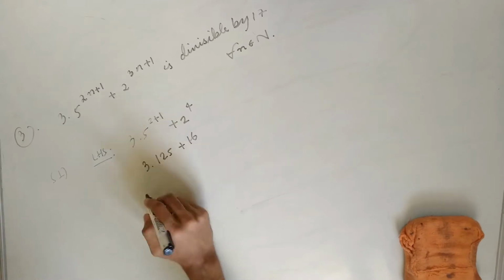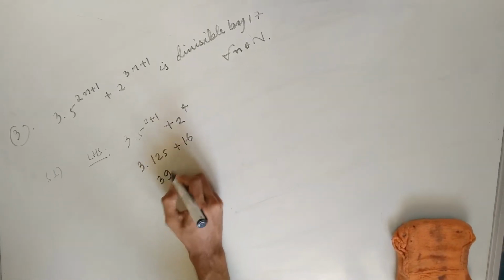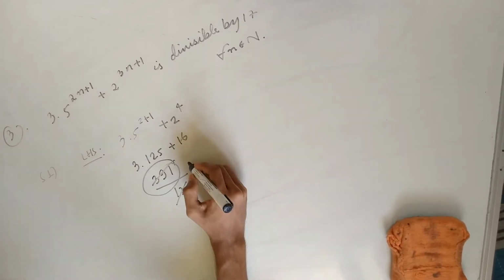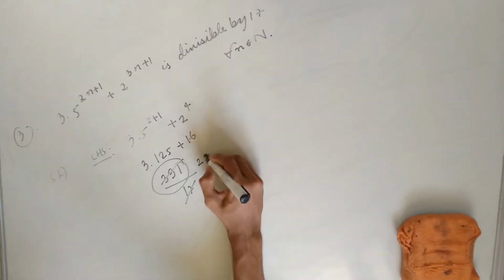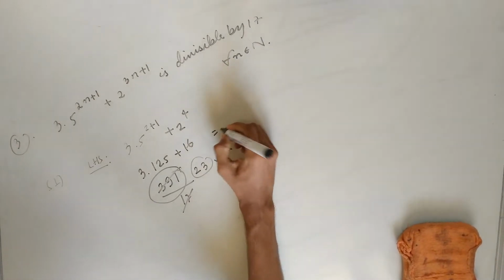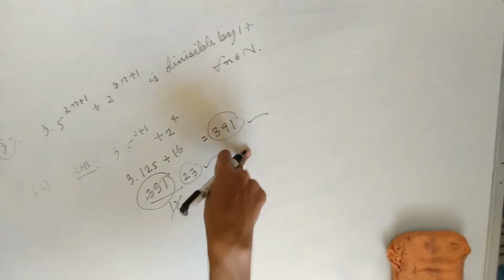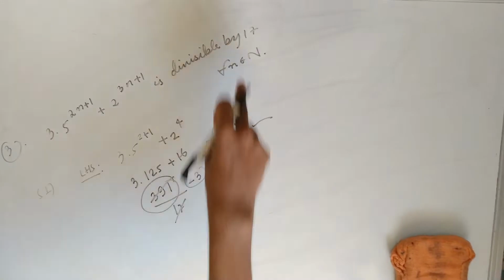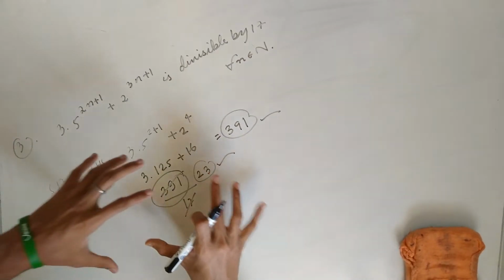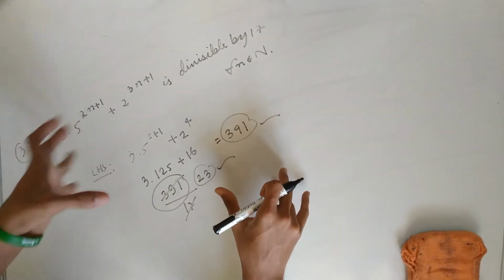This is 375 plus 16, which is 391, and it is divisible by 17 because 17 times 23 is 391. Since there is no remainder, 391 is divisible by 17. So we have verified that for n equal to 1, this is true.